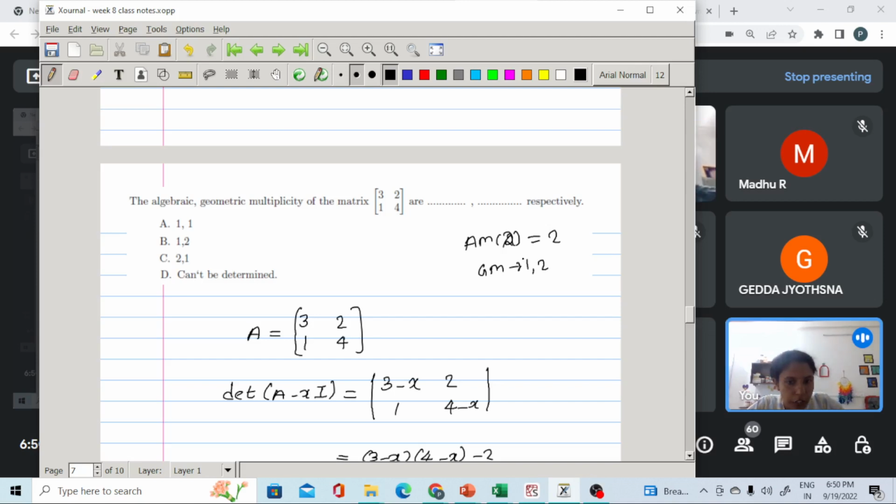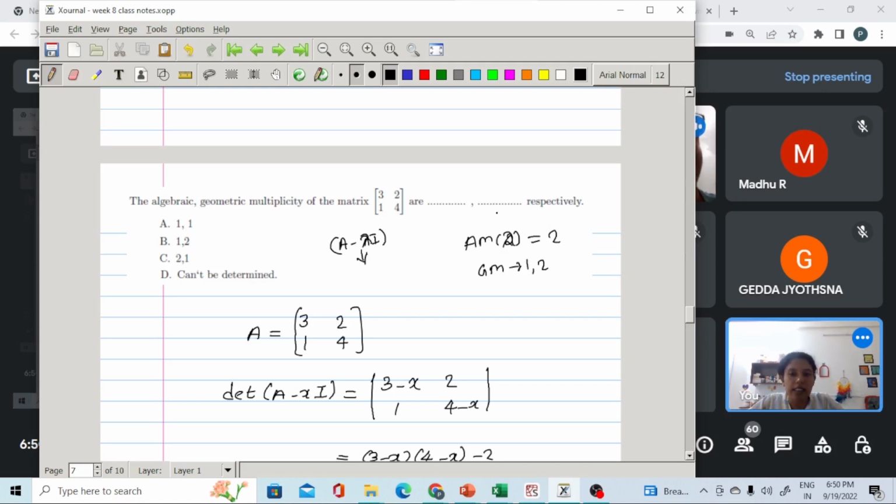So what we need to do is find A minus lambda I, then the corresponding eigenspace of lambda. If we have two linearly independent eigenvectors corresponding to lambda, then geometric multiplicity will be 2. If we have only one linearly independent eigenvector corresponding to this lambda, then geometric multiplicity is equal to 1.